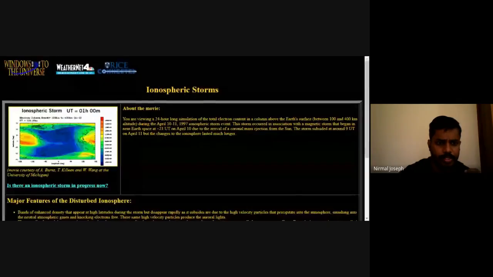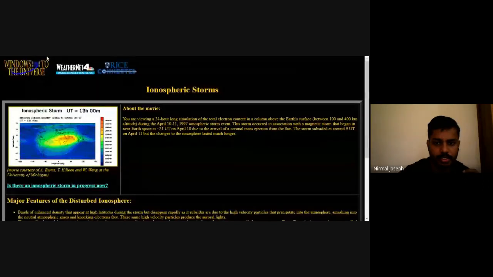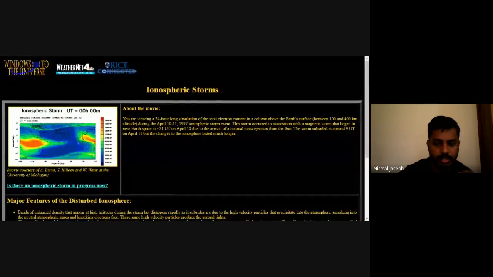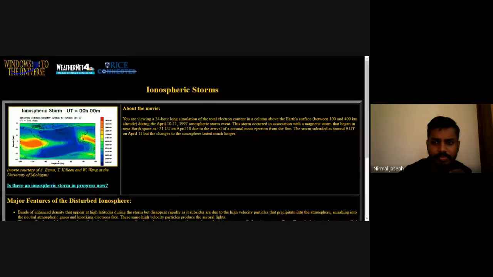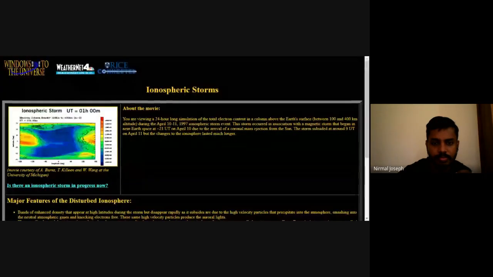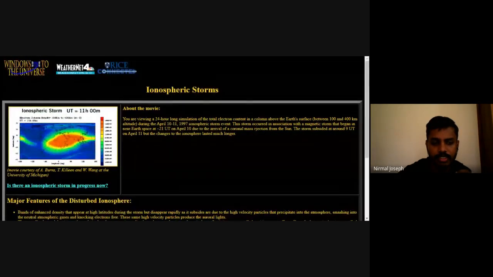You can see a moving figure on the left-hand side. Yes, yes.